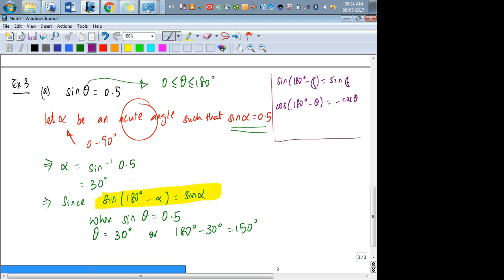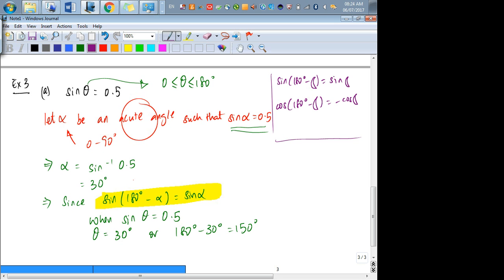So as long as sine, for example, 5, sine 5 must be equals to sine 180 degrees minus 5. Okay? So I'll just do the same thing for your cosine. I change it to a moon. Because in our question, in example 3, they use theta again. Then, wow, so many theta, which theta is which theta? Might be confusing. Okay? So, this is our formula, which we don't change first.